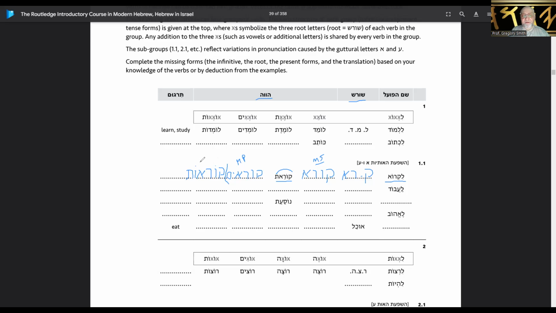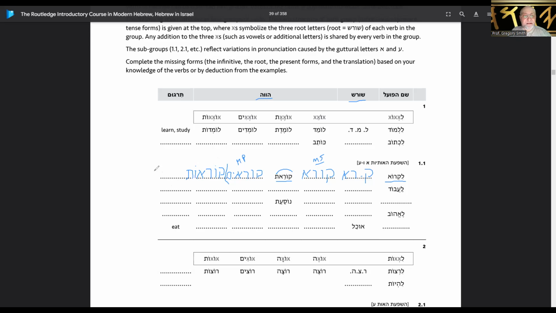Korot. So this would be like, you could say anachnu korot, we are reading. Or it could be like hen korot, they are reading. Or it could be at korot, you all are reading, and they're all female. All of them implied there.